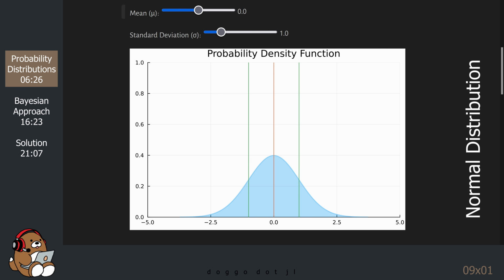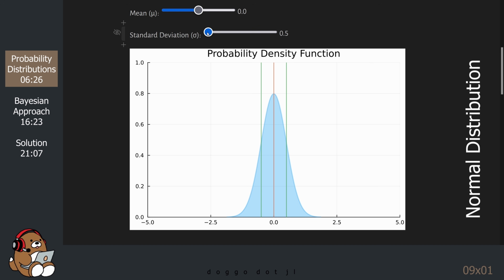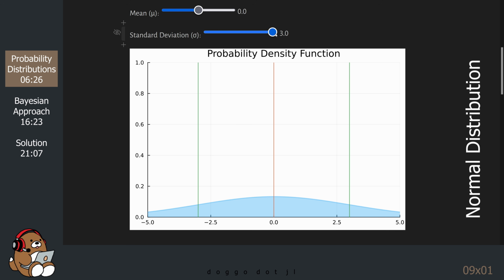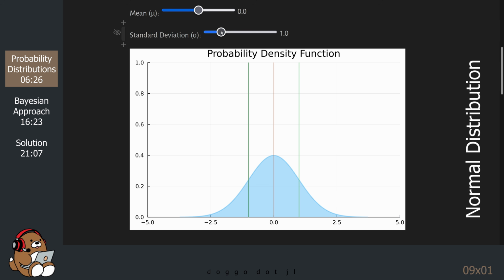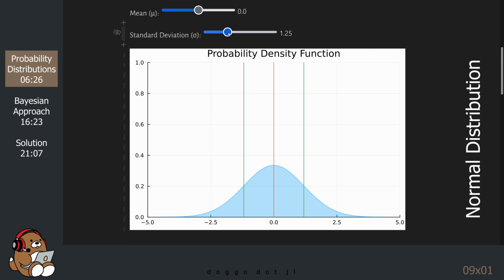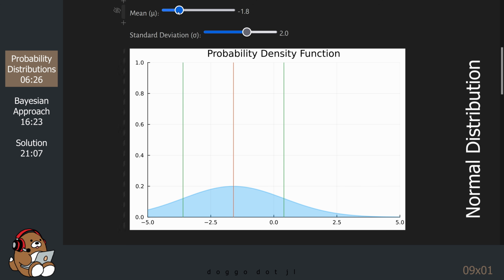If you change the value of the standard deviation, the distribution curve either gets tall and skinny or flat and wide. Even if the shape of the curve changes, the area under the curve will always be equal to 1.